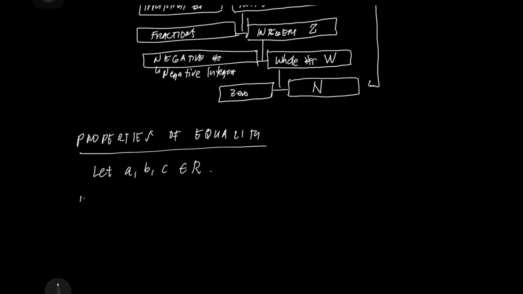One property is the reflexive property. The reflexive property says that A is equal to A. 5 is equal to 5. -1 is equal to -1. That is the reflexive property.